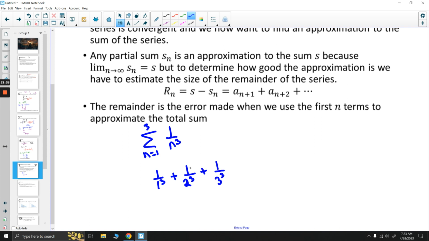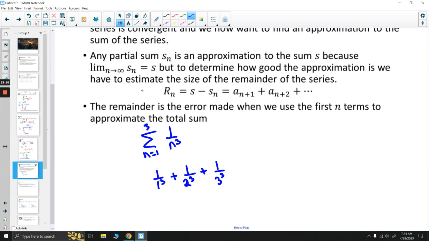Okay, so this third partial sum is an approximation. It's probably not a very good approximation, but it's an approximation to our total sum, the series, the infinite sum here, because it's part of it.